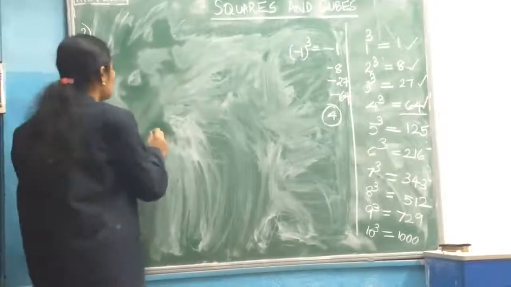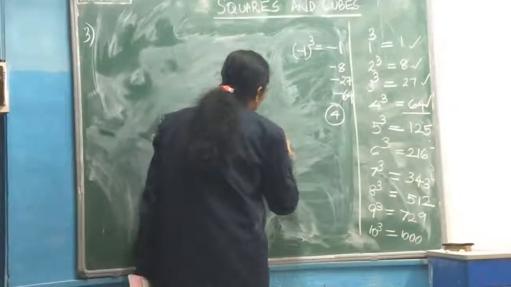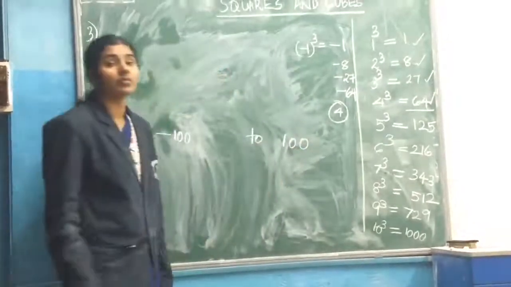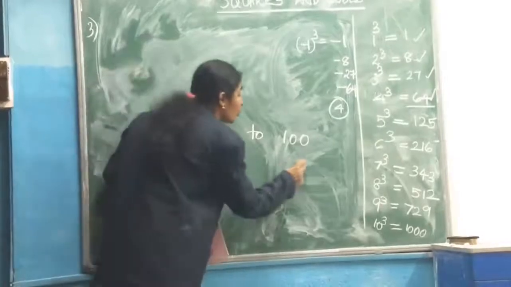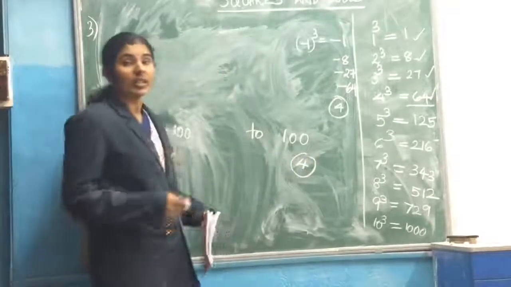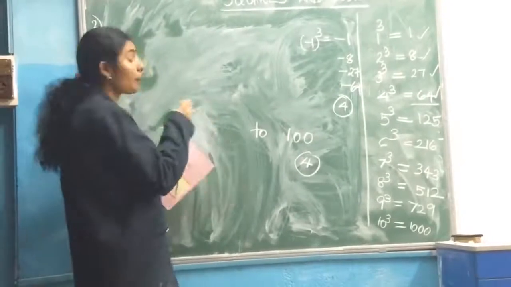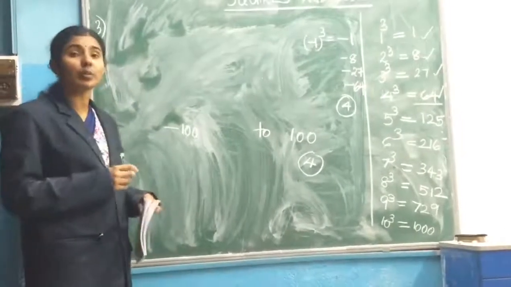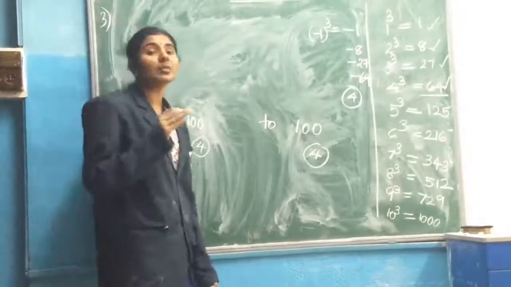Okay. So from minus 100 to 100. You know from 1 to 100 total how many cubes? 4 cubes. Similarly, from minus 1 to minus 100 total how many cubes? 4 cubes. In between one number is missing.